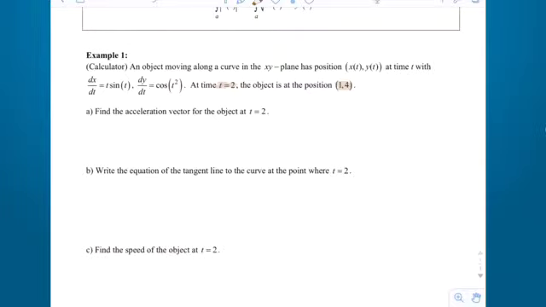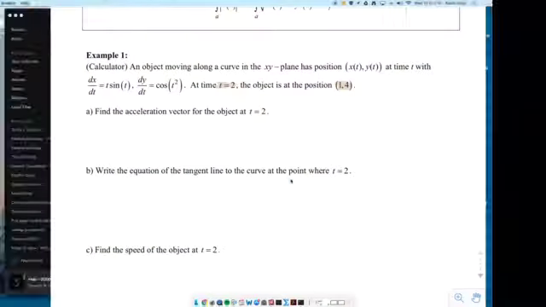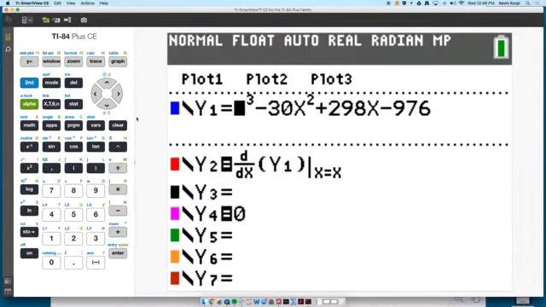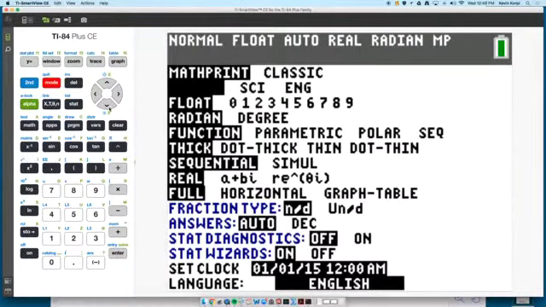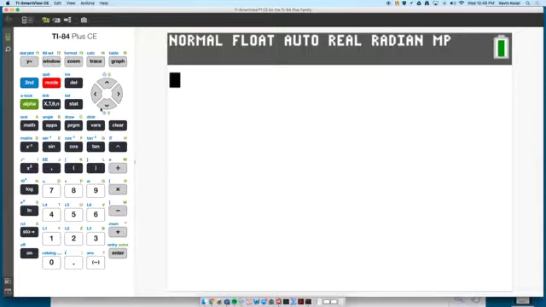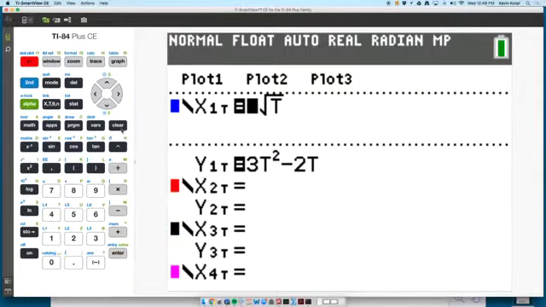So I'm going to go ahead and treat this as if it were an actual calculator question where you could use your calculator exclusively. Let's go ahead and put it in parametric mode. And you can stay in parametric mode. And now I'm going to go ahead and type in, in y1, my derivative equation. So I'm graphing the velocities here. So that'll be t sine of t.